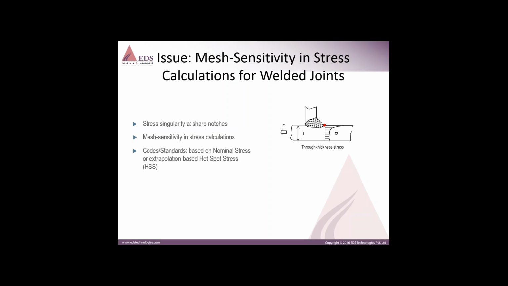You will also have a complex stress distribution arising from the surface through the thickness of the plate. And when you apply finite element analysis and try to assess the stresses, you will run into a mesh sensitivity problem also. Different codes and standards based on nominal stress or extrapolation-based hotspot stress methods will struggle significantly to get the right answers.